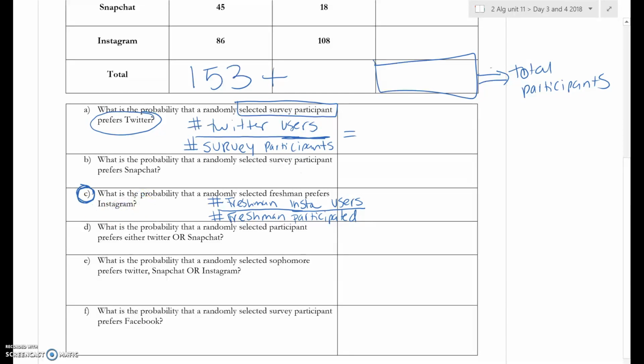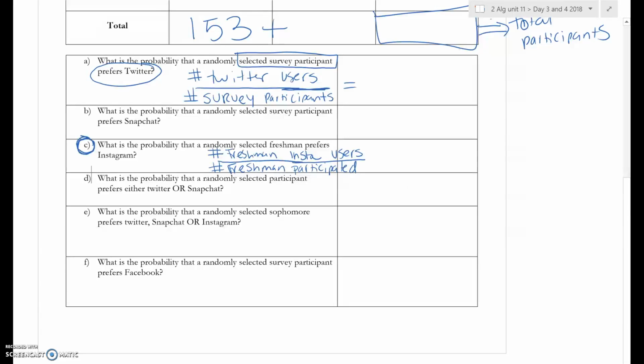Right, and so the last thing you'll consider here is this word or. When we talked earlier this week about the fundamental counting principle, we talked about how and means multiplication. And we talked about how or is going to refer to addition, right?